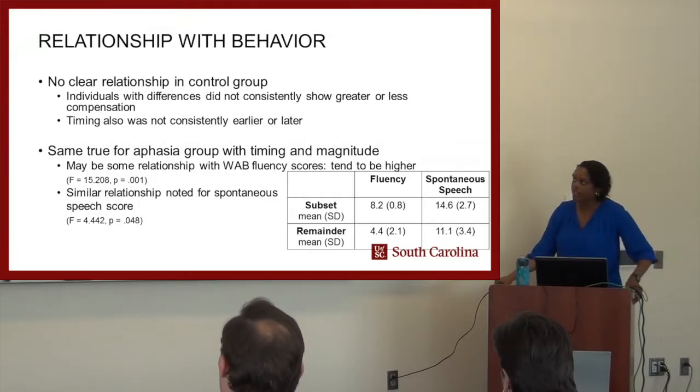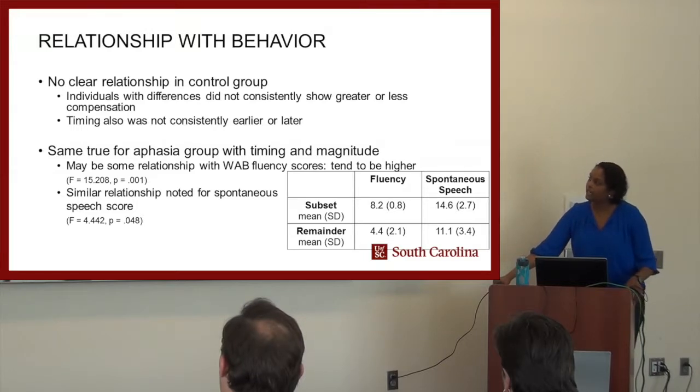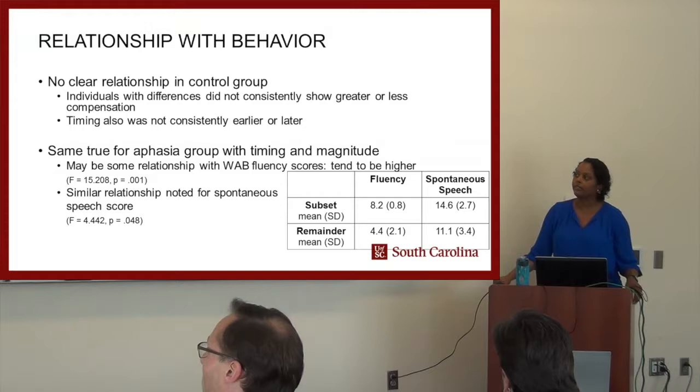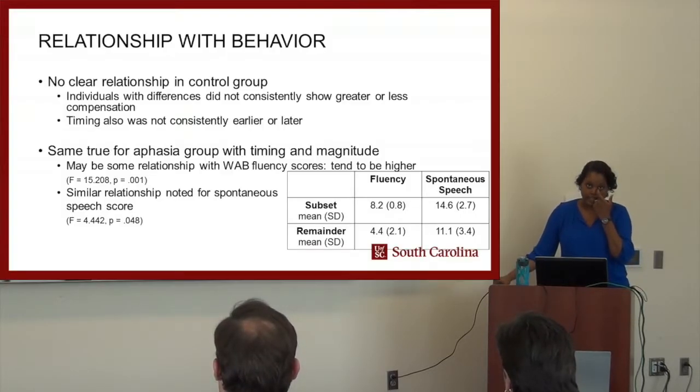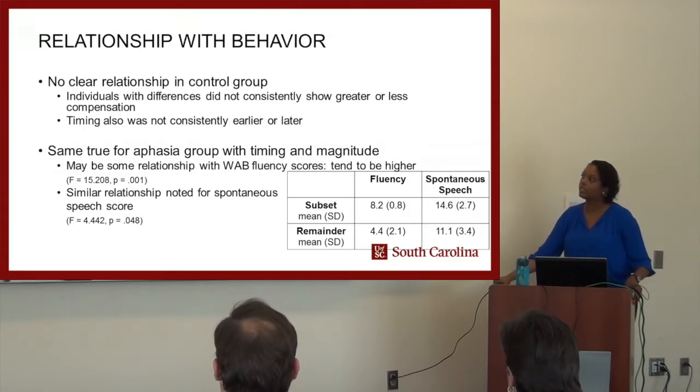But there may be some relationship with WAB fluency scores. For the subset of people who did show significant source differences, their fluency scores tended to be higher. And the same was true for spontaneous speech, part of which is determined by a fluency score. But you can see those means here.